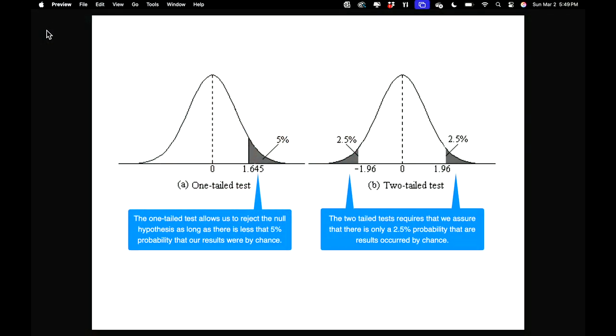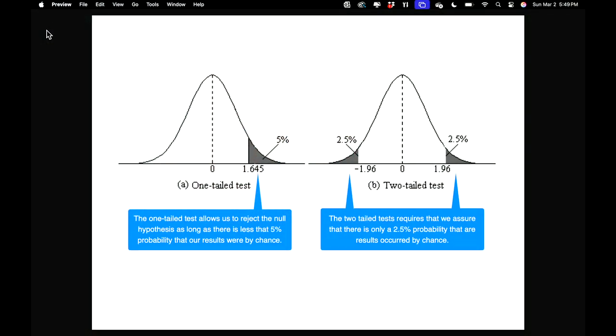There's 5% chance that this happened by chance, but I guess that's accurate. So there's less than 5% chance that this sample was by chance. Remember the standard curve. We're way on the tails here. But I'm only interested in one direction. So the criteria is 5%.